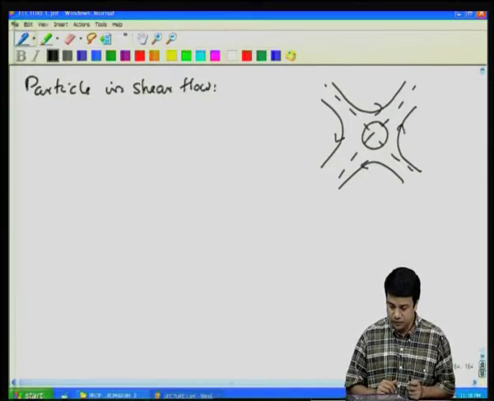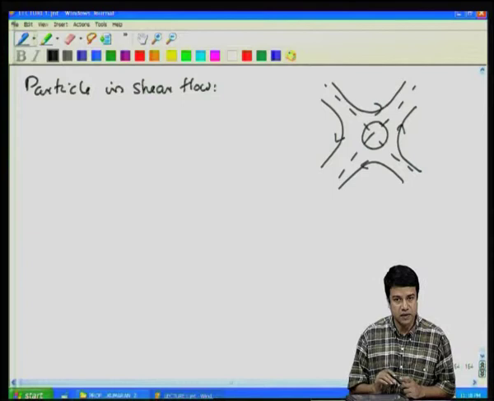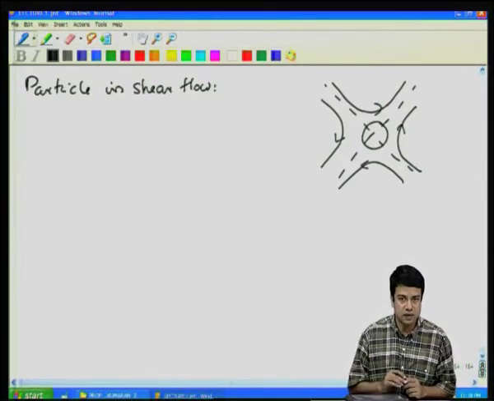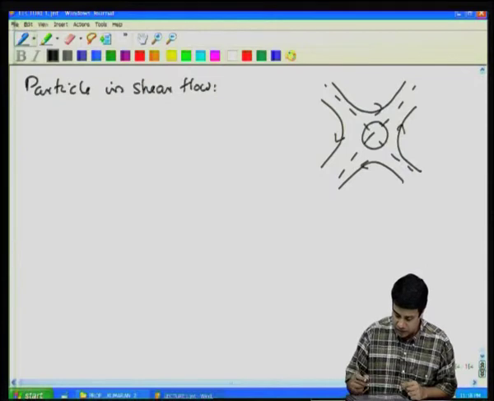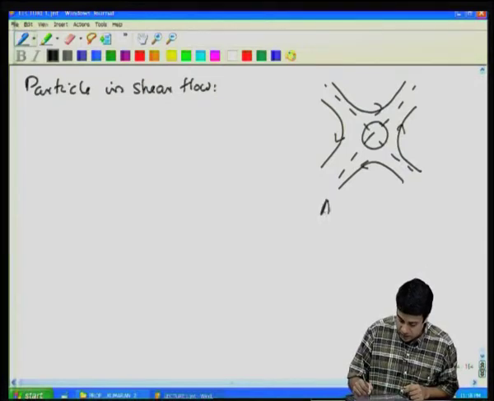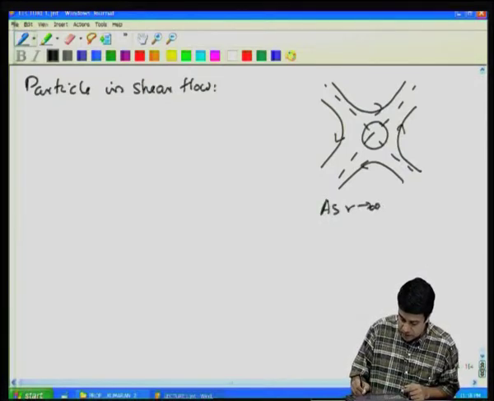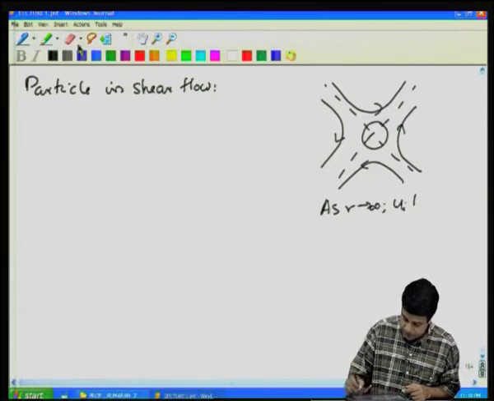So, for the extensional part, I have already subtracted out the velocity with which the sphere is moving, so that I am in a reference frame moving with the same velocity as the particle, and I look around me and see what is the rate of deformation tensor relative to the particle center. As r goes to infinity, far away from the sphere, the velocity is just an extensional flow.